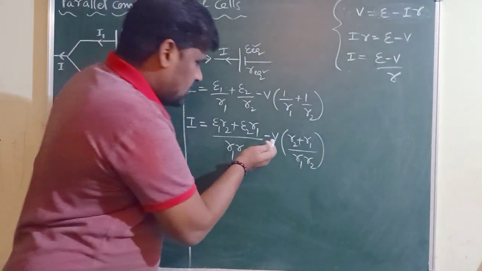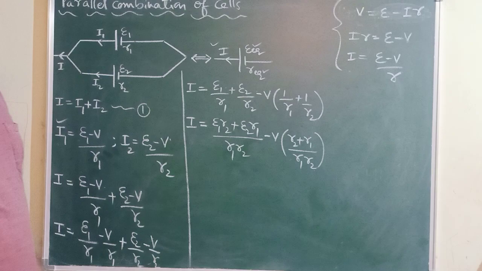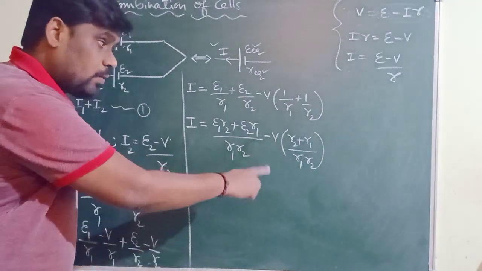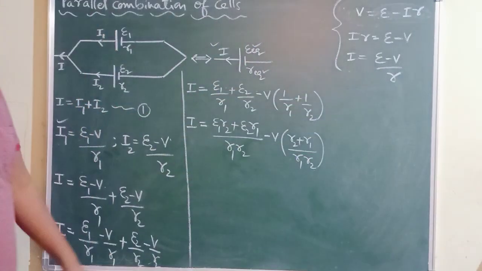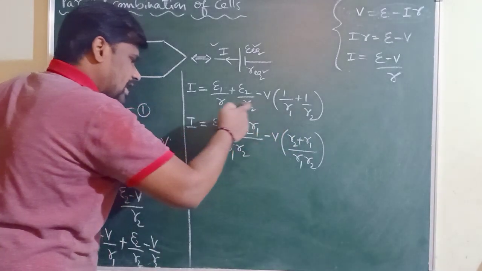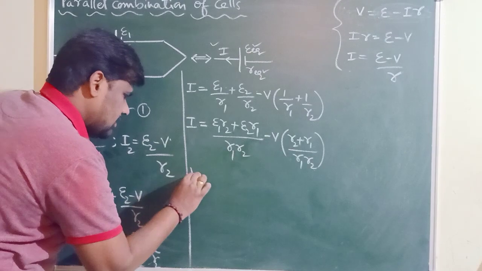Next I will transfer minus V into R2 plus R1 divided by R1 R2 to the LHS and I to the RHS. Okay, I will transfer this entire term to the LHS. What can I write now?